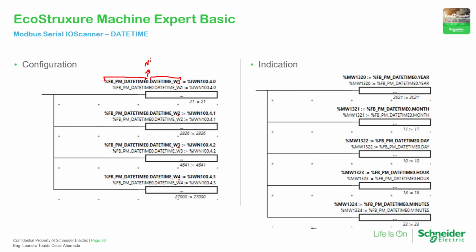Then to show it in another place, we just need to use the instance number, and then a dot and what we want to show. This information comes from the function block.